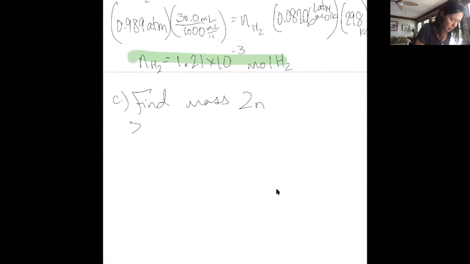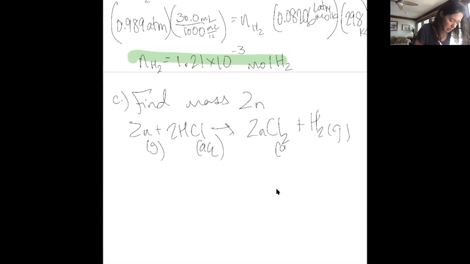Remember we had zinc plus 2HCl yielded ZnCl2 plus hydrogen gas. This was a metal. This was a solution. This is going to be dissolved in the solution, and that's going to be released as a gas.